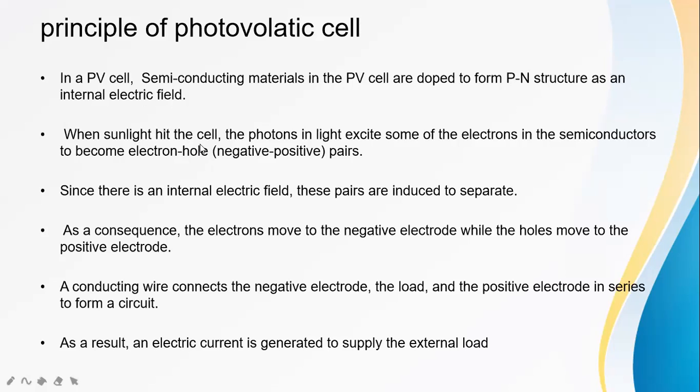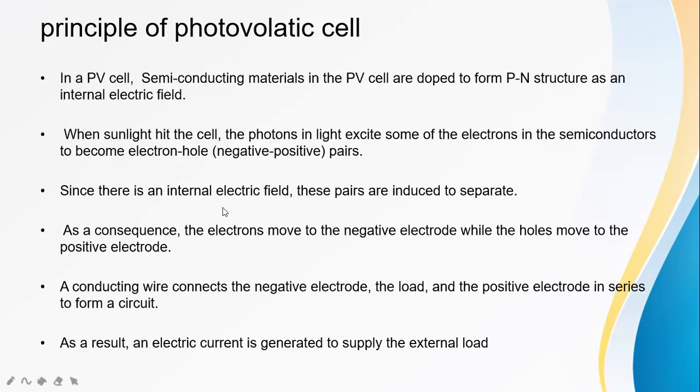Whenever sunlight hits the cell, the photons in light excite some of the electrons in the semiconductor. That means whenever light falls on this junction, this light energy has photons. It excites some of the electrons, and they become electron hole pairs. Generation of electron hole pairs takes place.